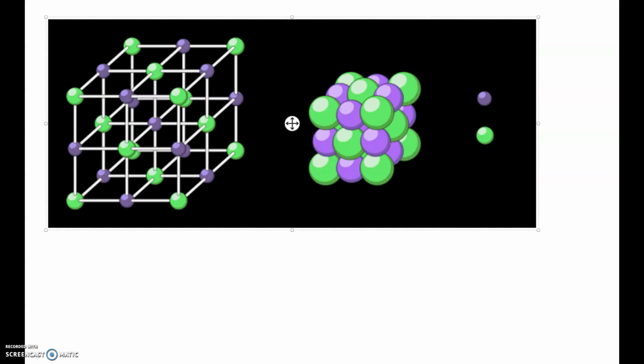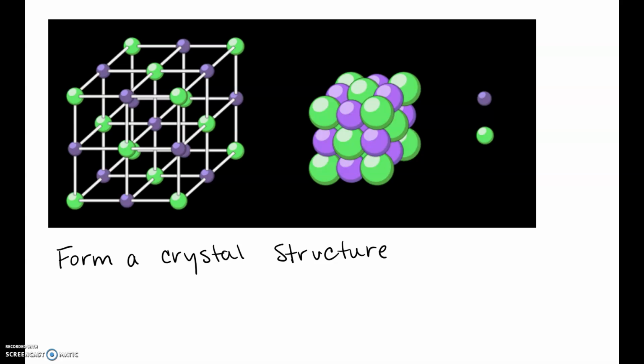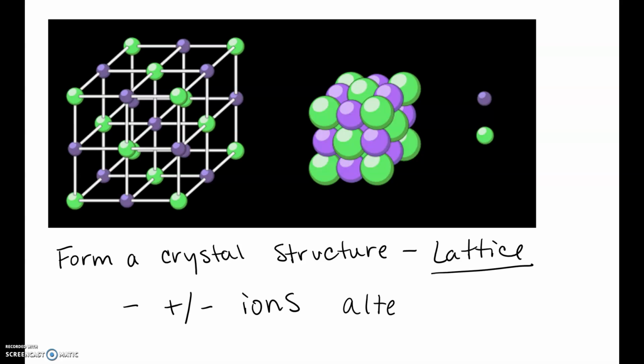Now, when ionic compounds come together, they form a crystal structure called a lattice. And it's this three-dimensional structure of alternating positive, negative ions. Okay, and they alternate because opposites attract.